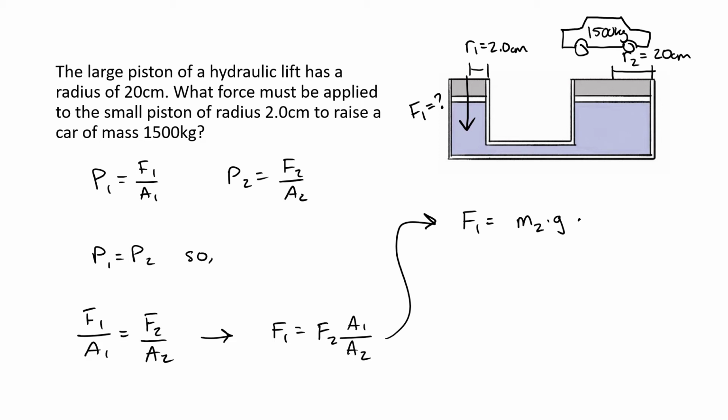And these are radiuses, the problem describes them as radiuses. So what's the area of a circle? That's pi r squared, specifically pi r1 squared. This one down here is pi r2 squared.